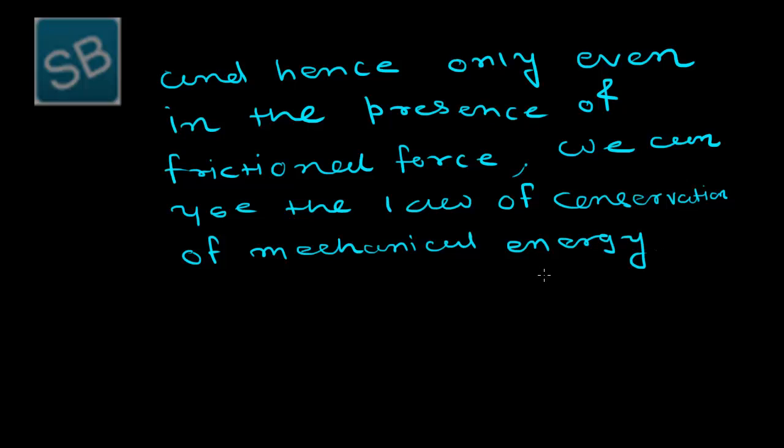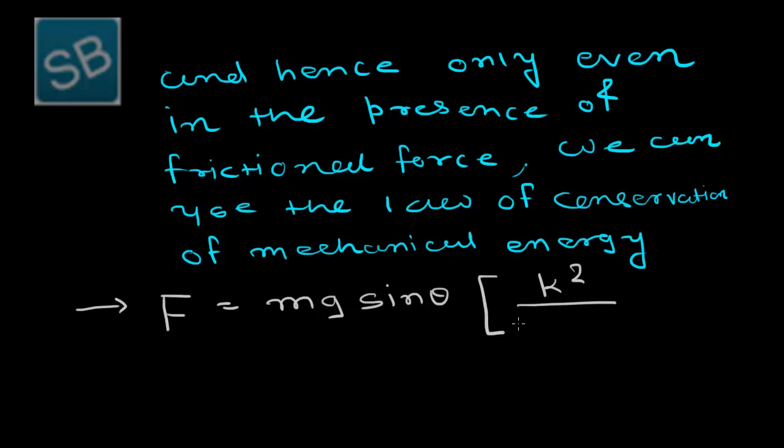So it is necessary that there should be presence of frictional force whenever we are studying the rotational motion, and the value of frictional force, that means capital F, is now given by mg sin theta into k square divided by k square plus r square.